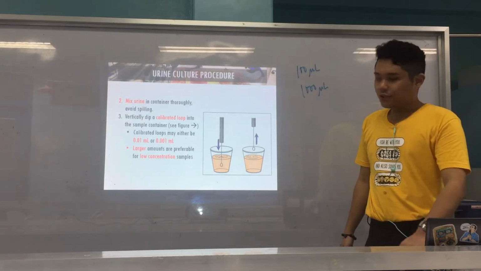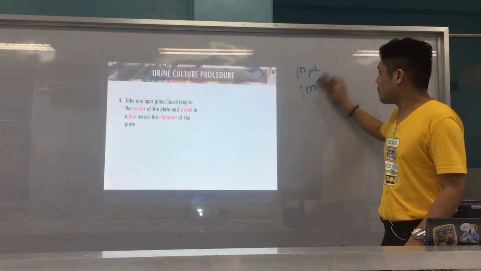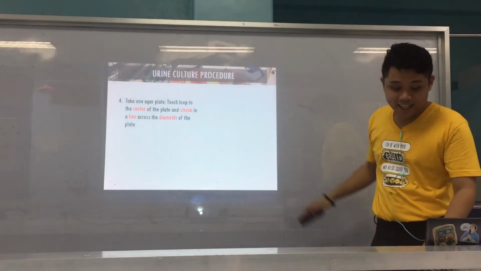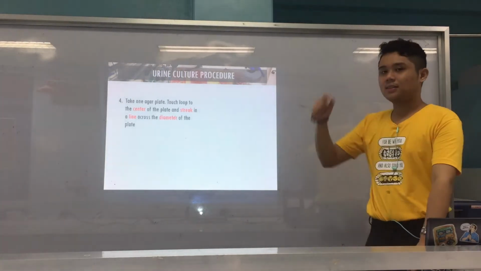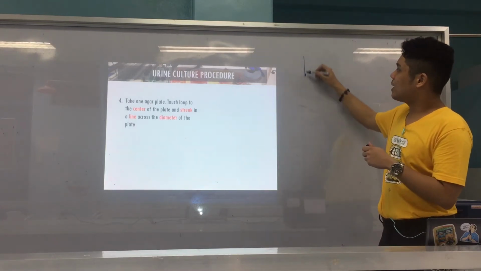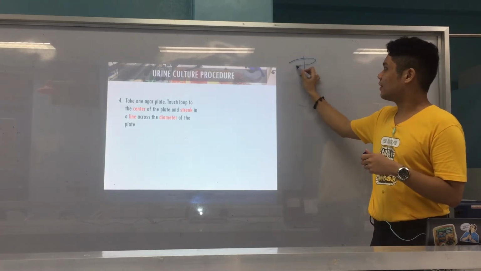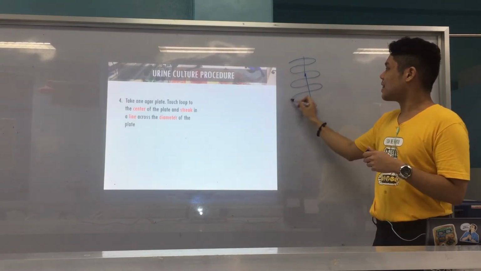So we now go to the culture. Take one agar plate and then grid streak. How do we perform the grid streak? Start at the center, and then one up, one down, and perform the grid streak until the end.